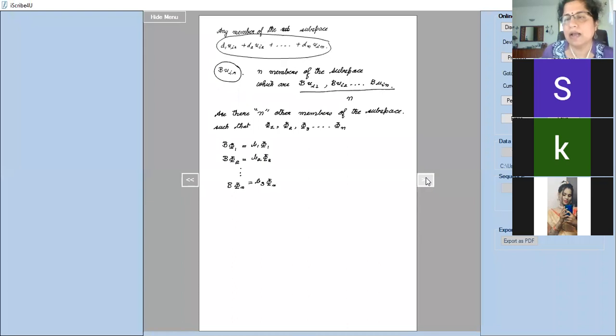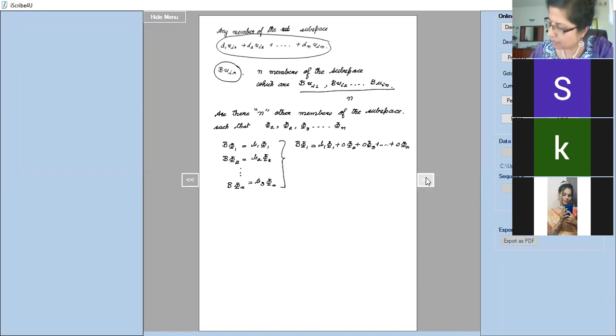Now I'm going to expand this and write it out more clearly. I'm going to write it as B phi 1 is equal to B1 into phi 1 plus 0 into phi 2 plus 0 into phi 3, dot dot dot, plus 0 into phi n.